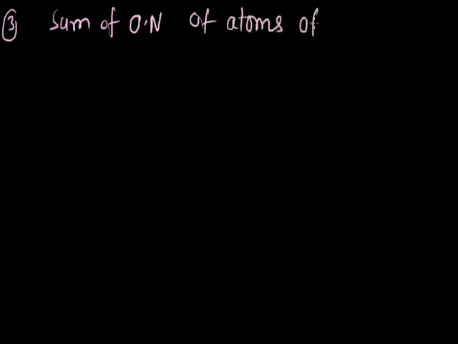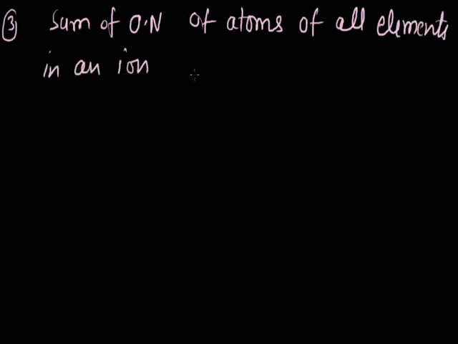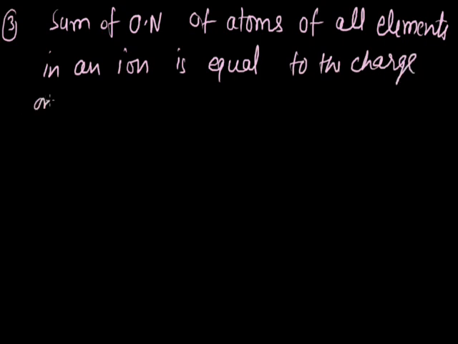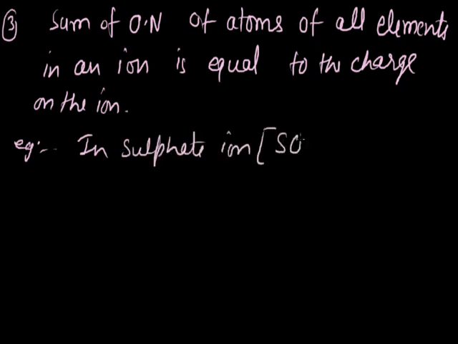Now the third rule: the sum of oxidation numbers of atoms of all elements present in an ion is always equal to the charge on the ion. Now we can take an example in sulfate ion, that is SO4 2-. The oxidation number of sulfur is equal to +6.